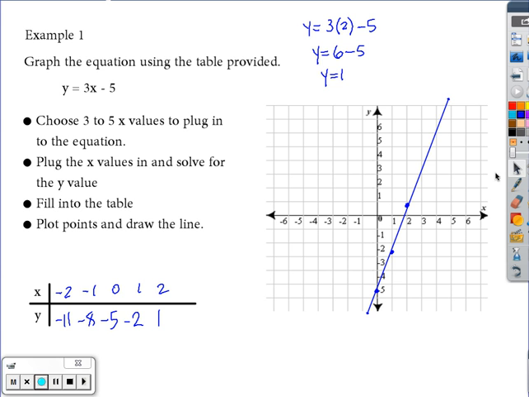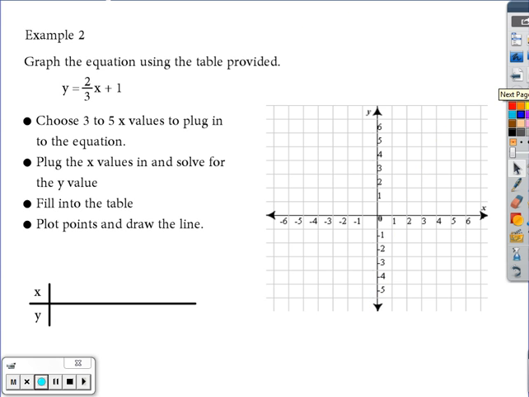Let's go ahead and try another example. Example 2. So here's where we have to have a little bit of strategy to it. When I start to select my numbers for x's now, because I'm going to multiply by 2/3, this is tricky for some of you, and some of you will struggle here, and you may just pick numbers and get messy decimals, and that's okay too, that works. But I would like to pick numbers that when I multiply, this makes a whole number.